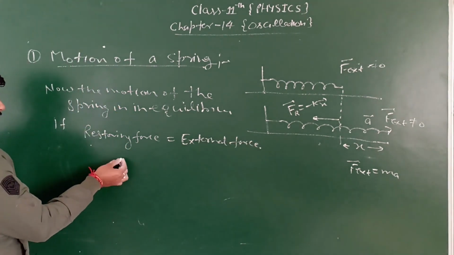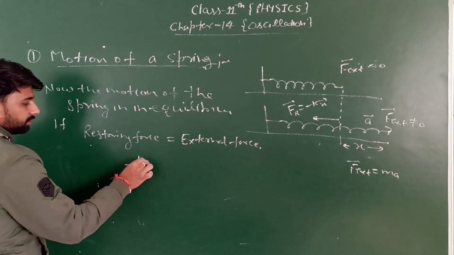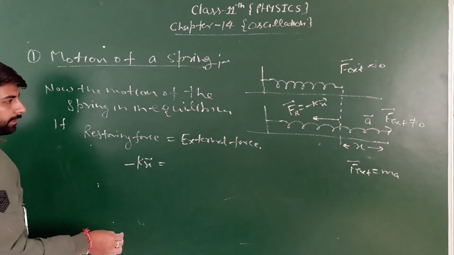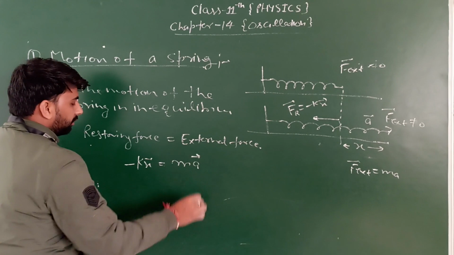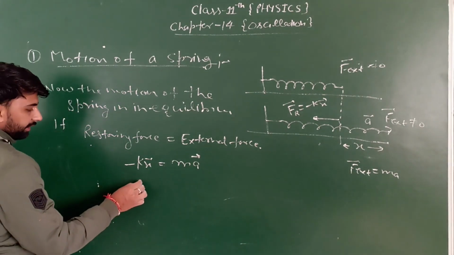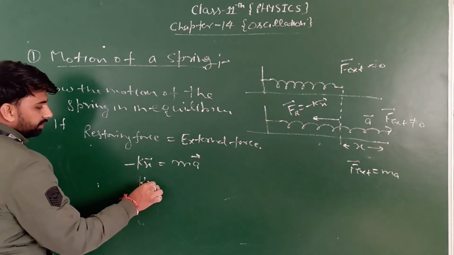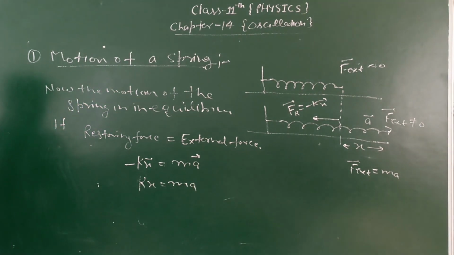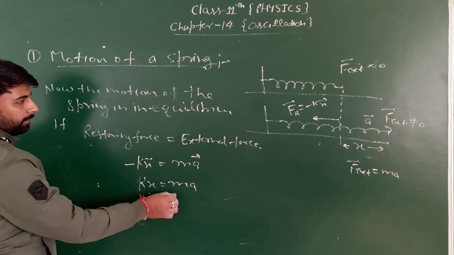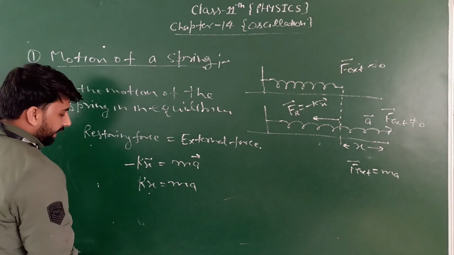This means the restoring force of minus kx vector is equal to the external force ma vector, and in magnitude kx is equal to ma, where k is the spring constant, x is the displacement, m is the mass of the spring, and a is the acceleration.